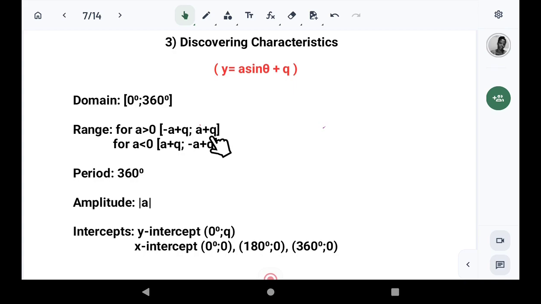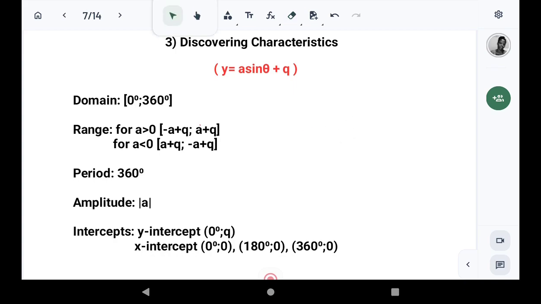We're going to demonstrate it using questions and examples. If your a is negative, meaning that your shape starts with a minimum and ends with a maximum point, then your range will go from negative a, plus q, meaning the shift up and down, to a maximum of negative a plus q.